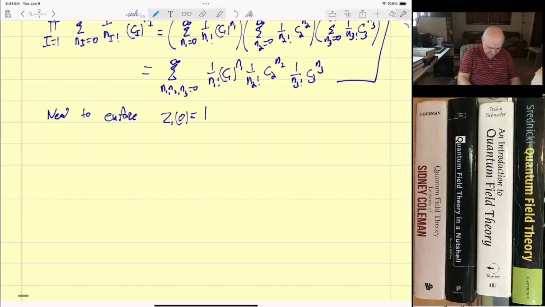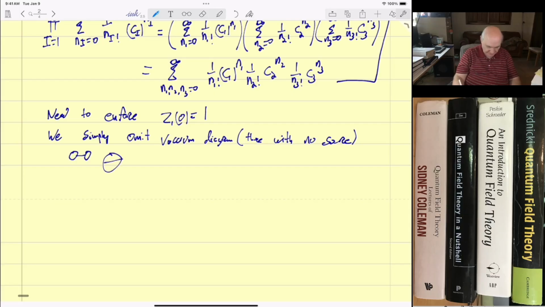To do this, we simply omit vacuum diagrams, those with no sources. So diagrams such as that, we simply leave those out of the sum.